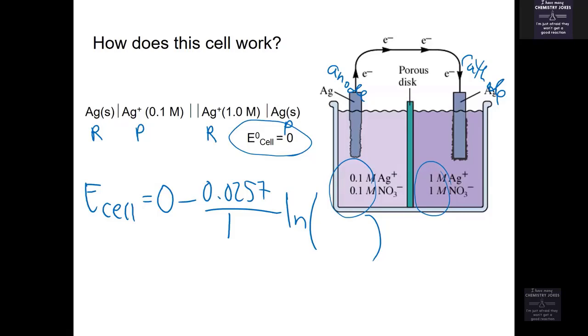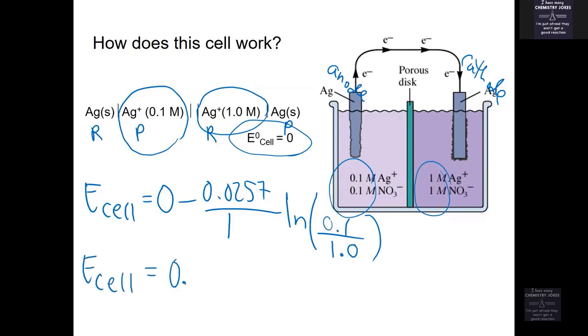So it's this thing on top and this thing on bottom, products over reactants. Whoops, no 0 here. 0.1. We get that this cell should measure 0.0592 volts. Not a very big voltage when you just have a concentration difference like that, but a voltage nevertheless.